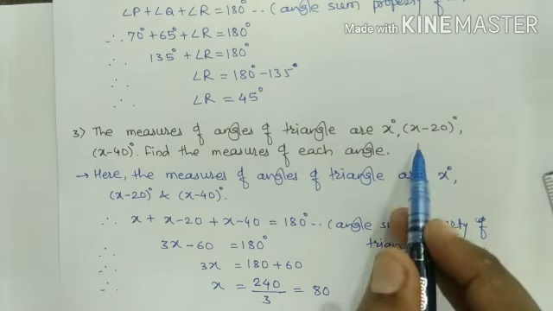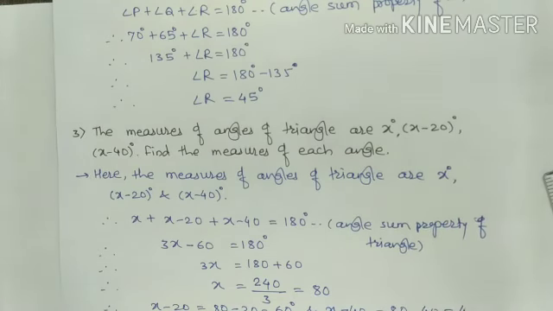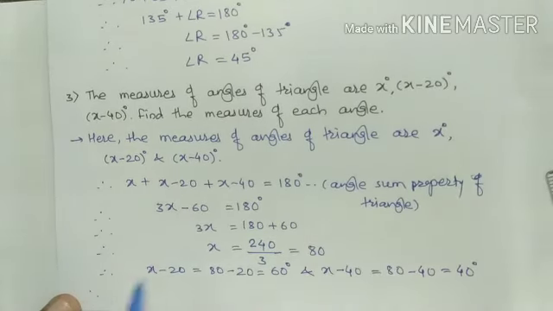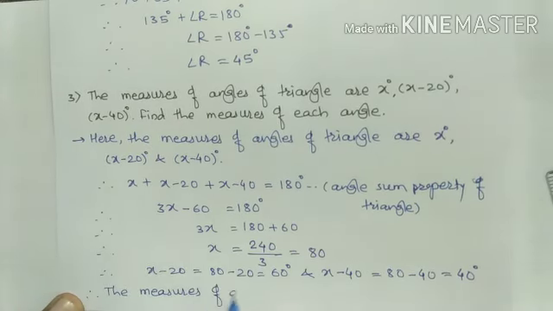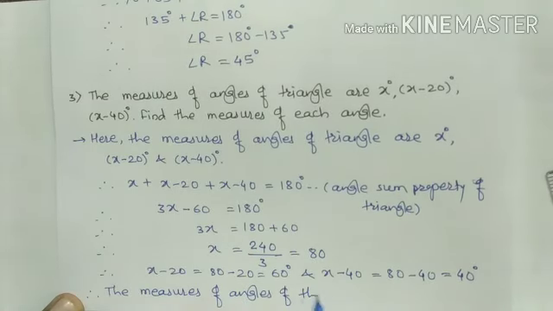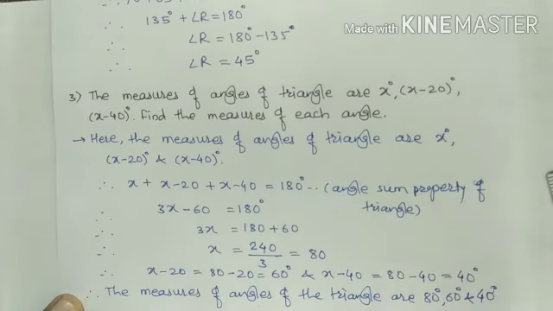Now the measures of the other two angles are x minus 20 and x minus 40. Therefore x minus 20 equals 80 minus 20 equals 60 degrees, and x minus 40 equals 80 minus 40 equals 40 degrees, and therefore the measures of angles of the triangle are 80 degrees, 60 degrees and 40 degrees respectively.